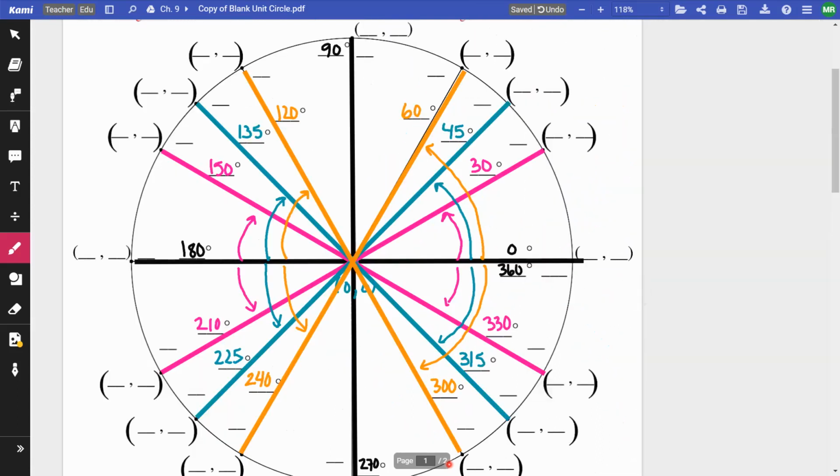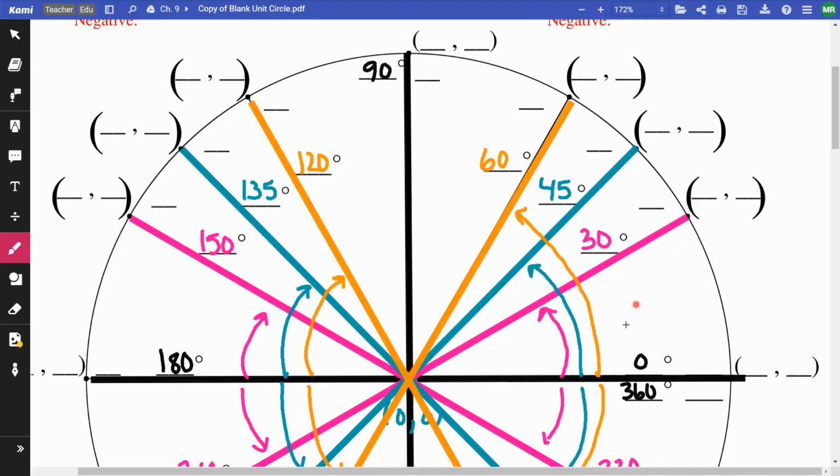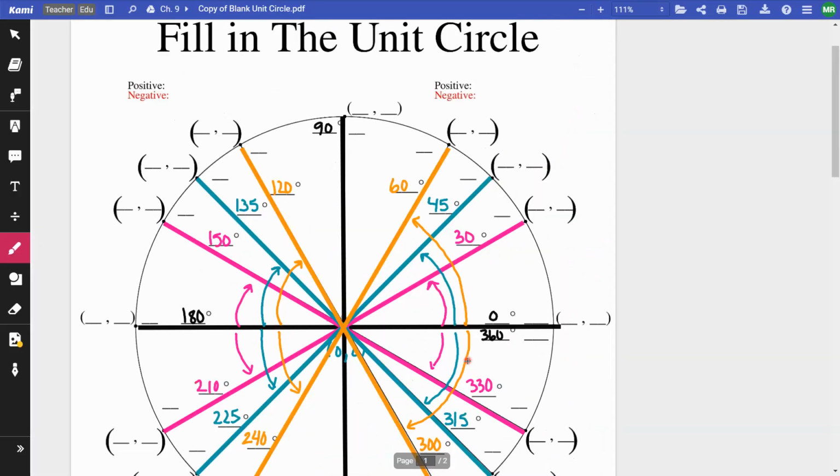Now, the next thing I'm going to talk about, and I'm going to color code, are the points on this unit circle. Okay, unit circle radius 1. So I'm going to focus in on, and here, let me label these quadrants.